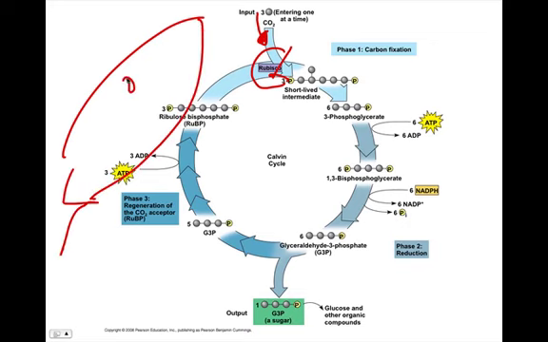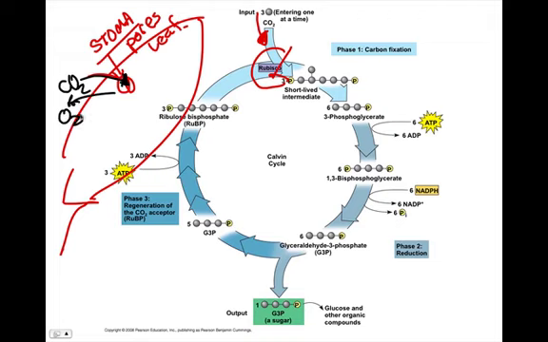And the leaf has these stoma. We saw in the very first slide, it has pores in the leaf that are open and allow carbon dioxide to come in and oxygen produced to leave.